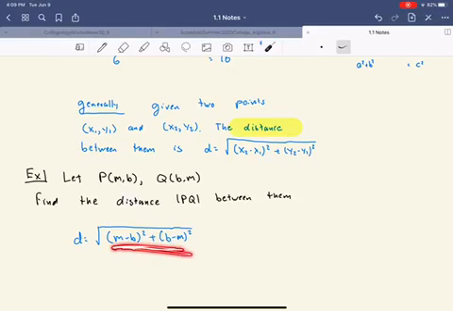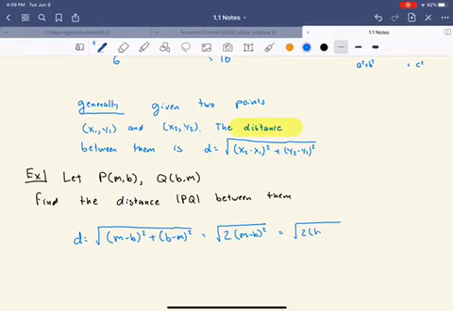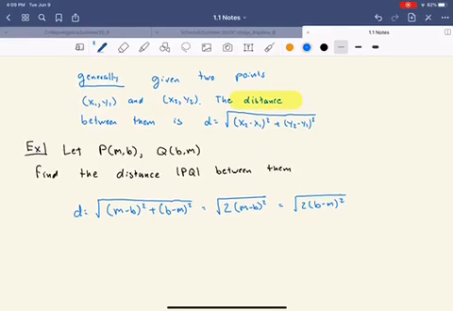When you square M minus B, you get the same thing as when you square B minus M. So, you're going to get, under the square root, 2 times M minus B squared, or, if you like, 2 times B minus M squared. They're going to be the same thing.